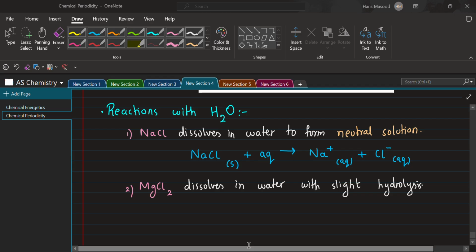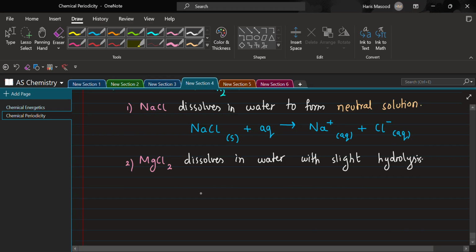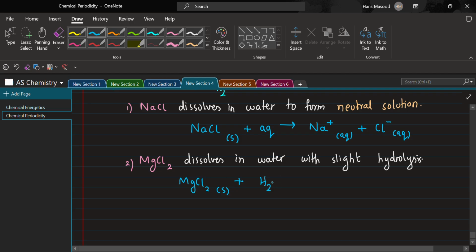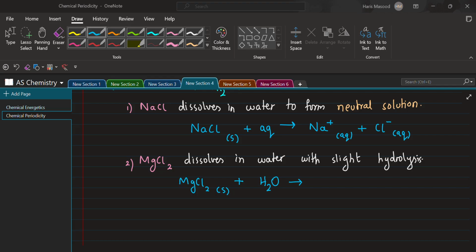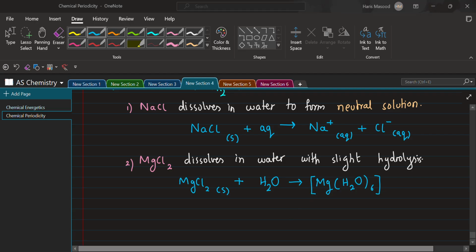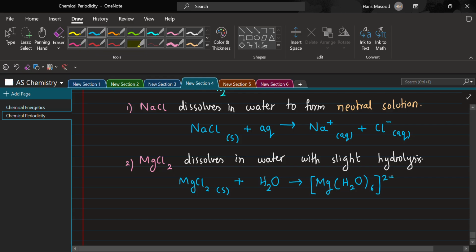For this you have the reaction like this: MgCl2 solid, then you have water, to form Mg(H2O)6 2+, and along with that you have Cl minus. So what we have made here is a complex ion.